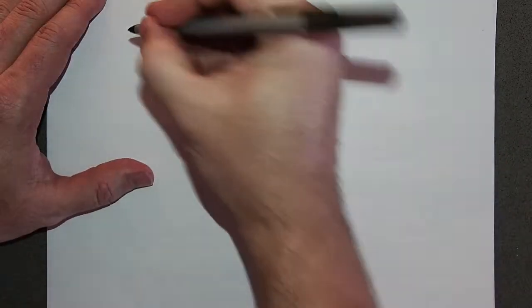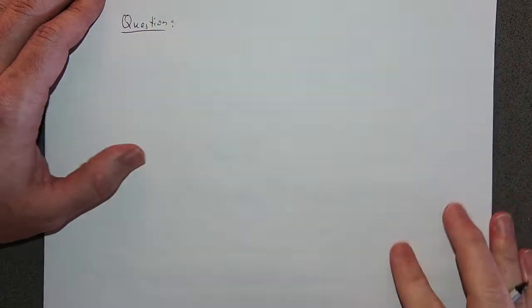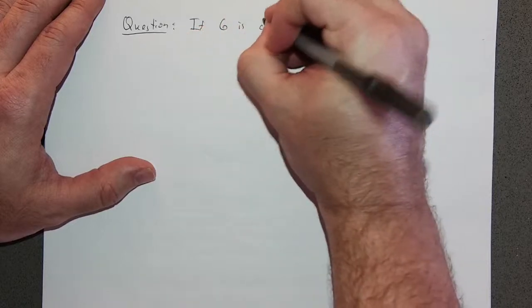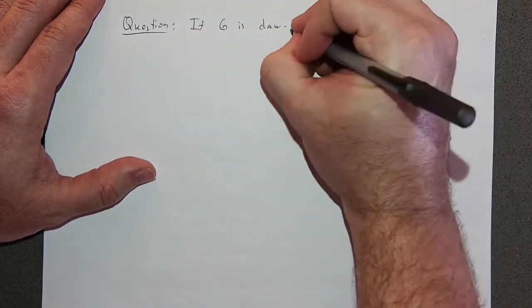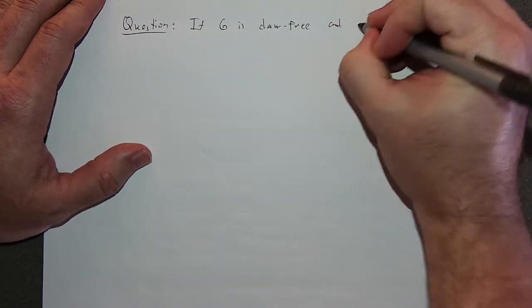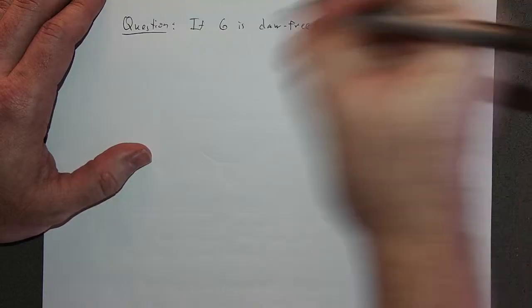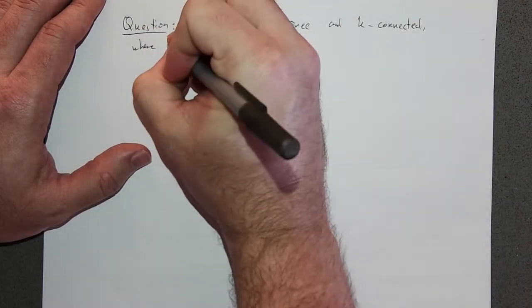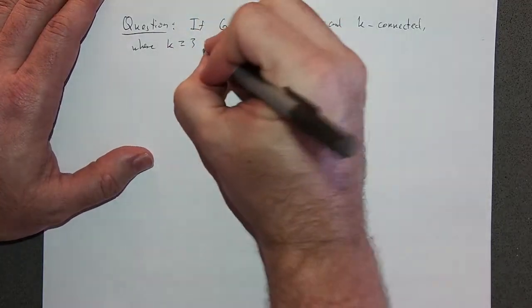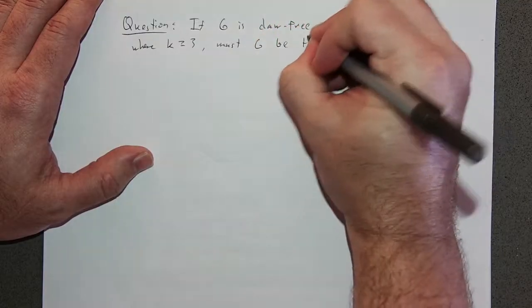So question: if G is claw-free and k-connected, where k is greater than or equal to 3, must G be Hamiltonian?